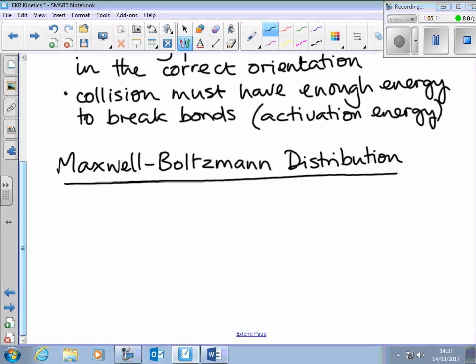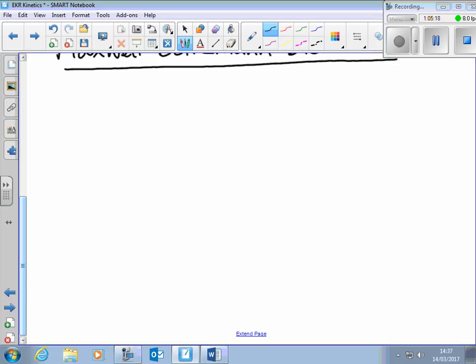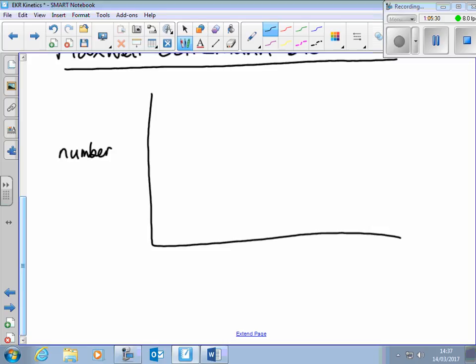But the way that the distribution works, if you look over the page, you've got this curve that represents the distribution of energies. Sorry, that is a very badly drawn pair of axes. And what we're plotting is the number of particles and the energy that they've got.